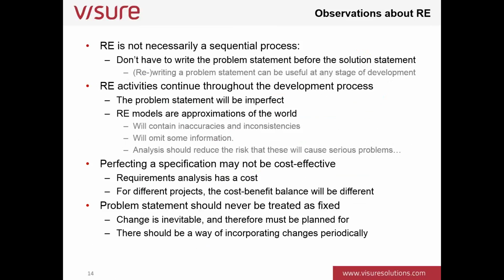Basically, requirements engineering models are just approximations of the world. They will contain inaccuracies and inconsistencies. We may omit some information. The more we work on the specification, the lower the risk will be, but we will never have a perfect specification. In fact, perfecting a specification may not be cost effective.